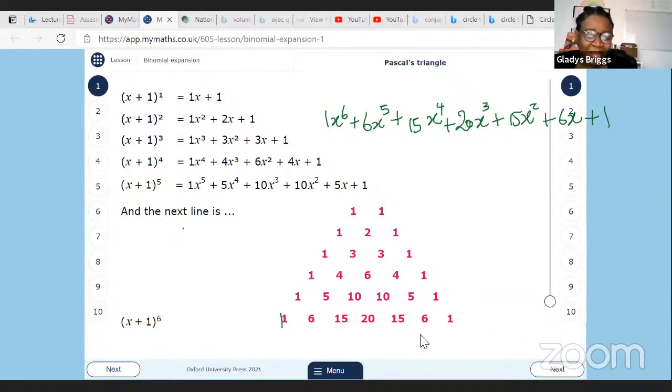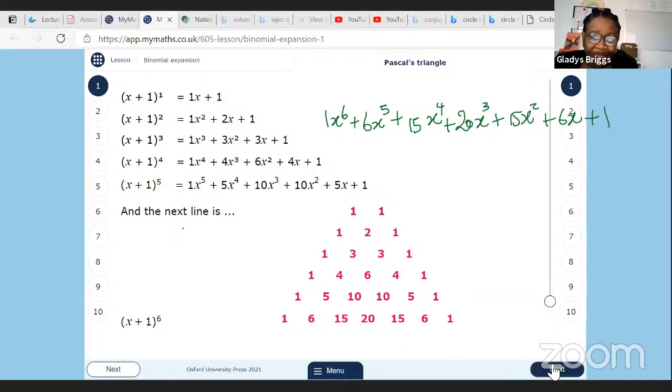Write that out correctly in your books. And you see the powers are reducing, yeah? The powers are going down in ones. And at the end there, you have x to the power of 0, which is always 1. So that's why that's always 1 at the end, yeah? That's another reason why it's always 1 at the end.